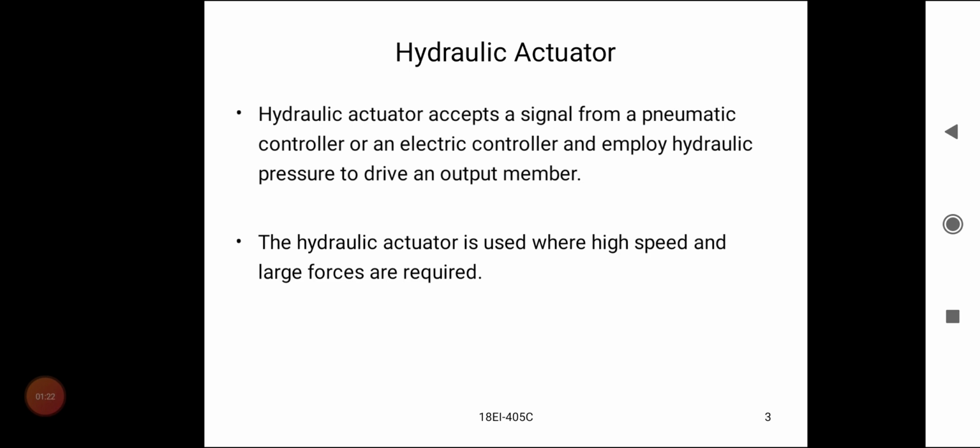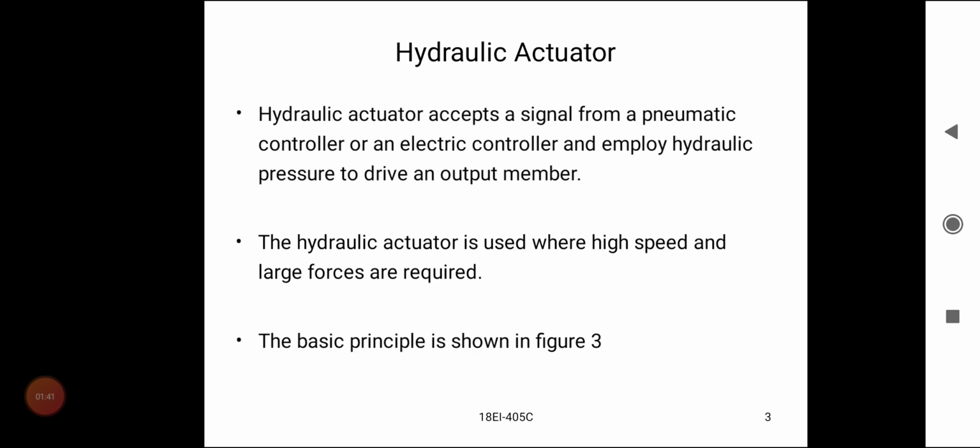The hydraulic actuator is used where high speed and large forces are required. So wherever you require large forces and high speed, you employ a hydraulic actuator.